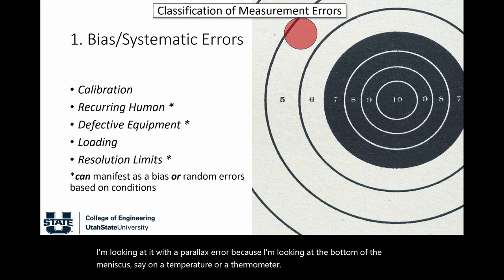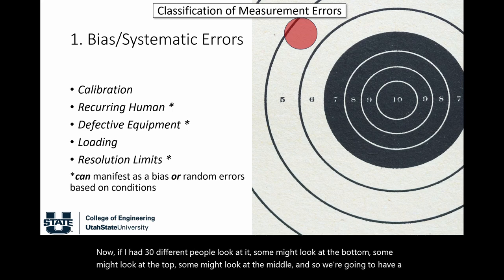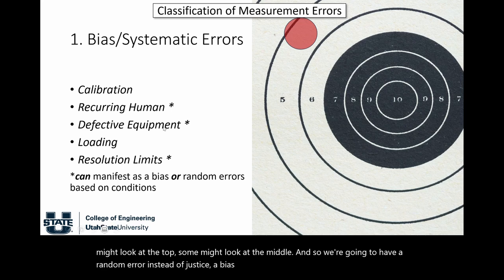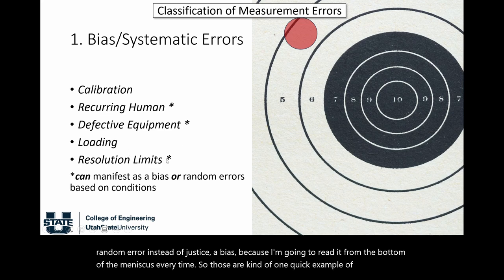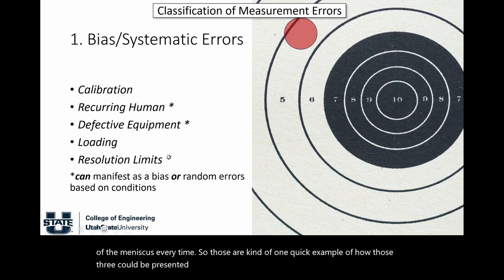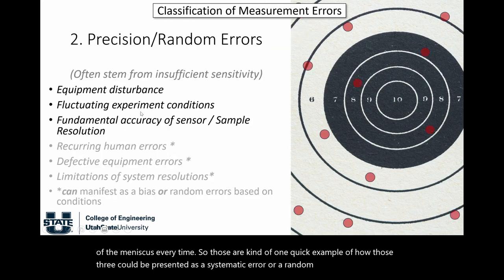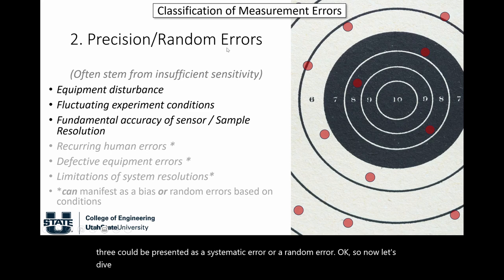Now, if I had 30 different people look at it, some might look at the bottom, some might look at the top, some might look in the middle. And so we're going to have a random error instead of just a bias, because I'm going to read it from the bottom of the meniscus every time. So that's one quick example of how those three could be presented as a systematic error or a random error. Okay, so now let's dive into precision and random errors.